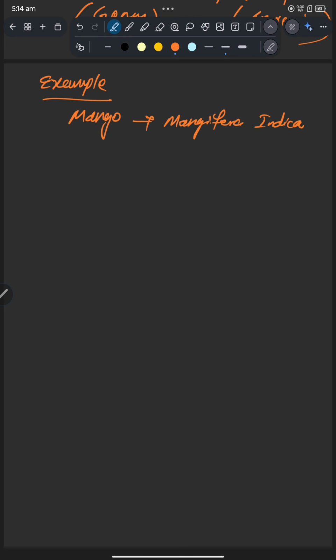I think it is clear to you. Now, let us give one example from your textbook. Mango. Its scientific name is Mangifera indica. Here Mangifera is the genus and indica is the species epithet.